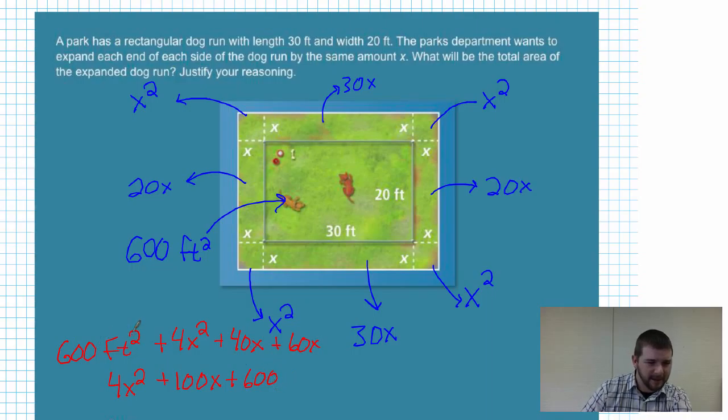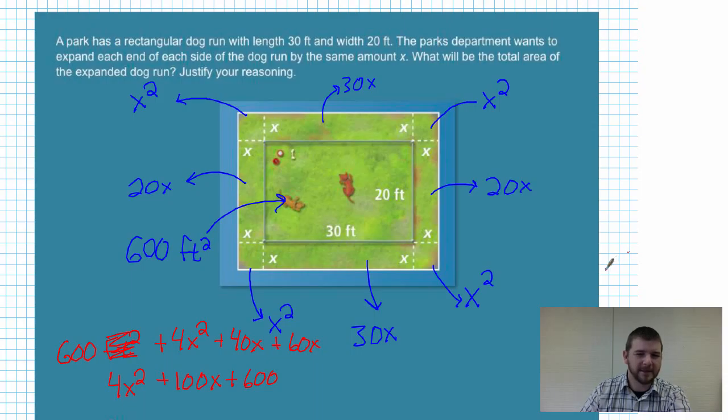And notice I left in my units here, my feet squared, and then for some reason I stopped writing those throughout, but we know that we're talking about area in square feet, and 600 is just our constant in the polynomial. So what we find here is that the area of the new dog run will be 4x squared plus 100x plus 600 square units, or in this case, square feet.